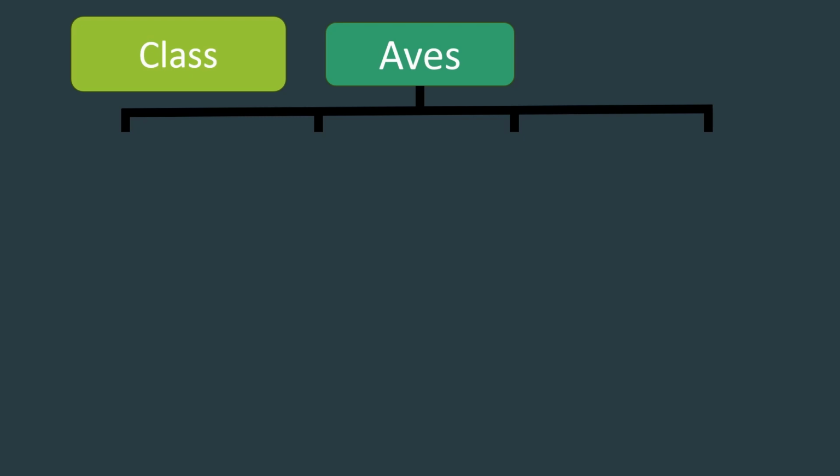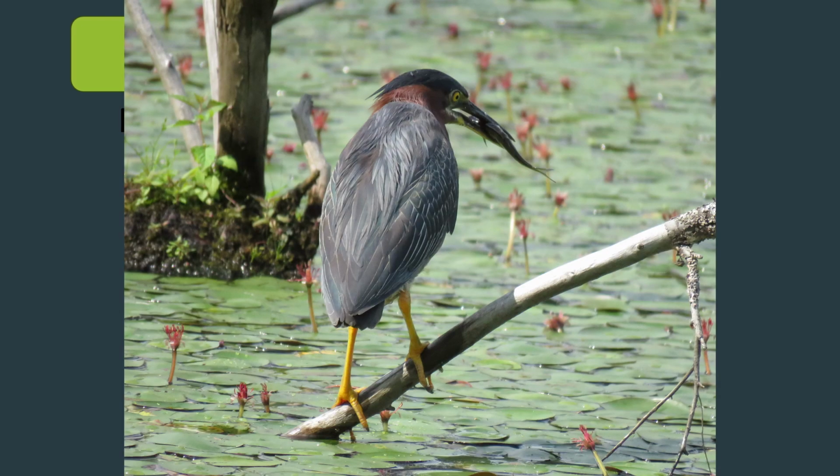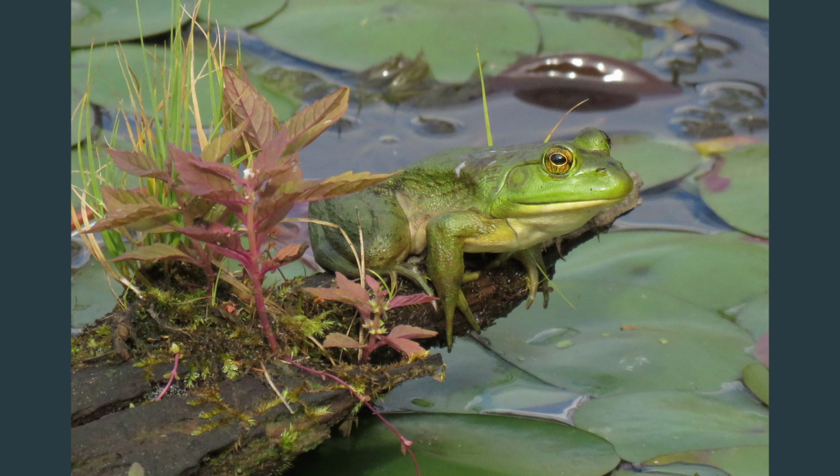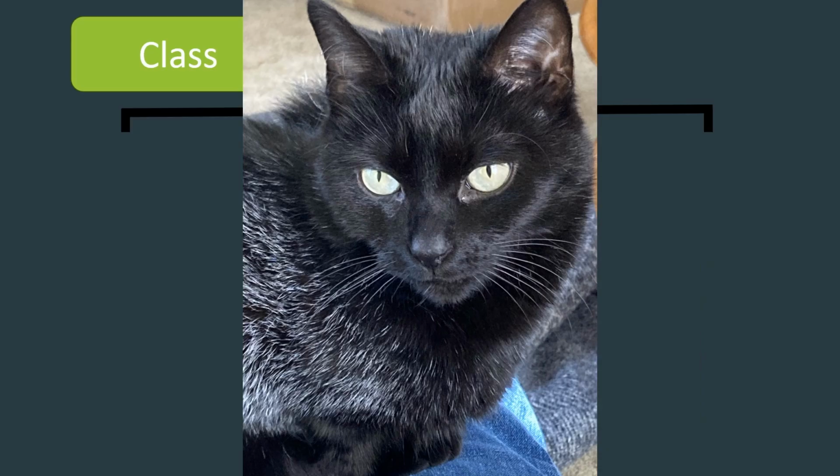So for class, something that you all might be familiar with is aves. Aves are our birds. Other familiar classes are going to be insects and amphibians and all those sorts of groupings like that, right? Mammals. A lot of these things are fairly straightforward.